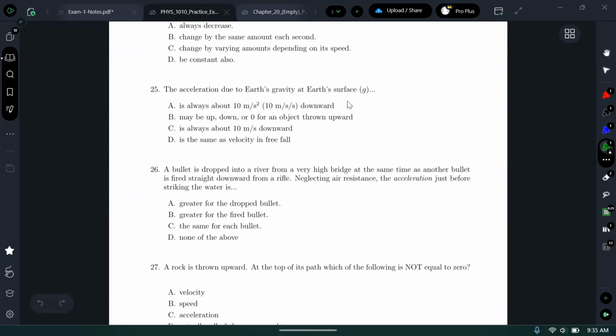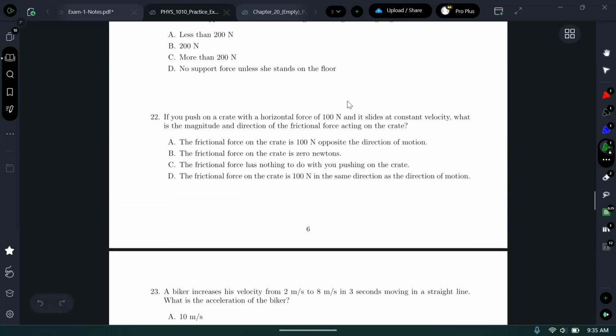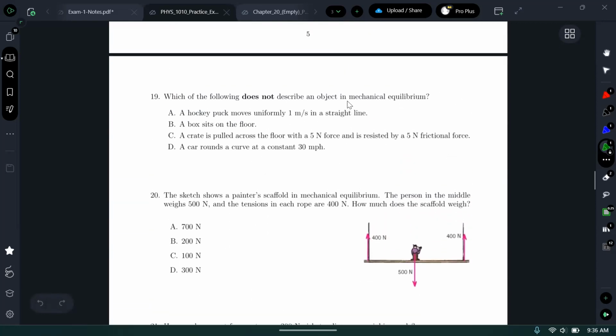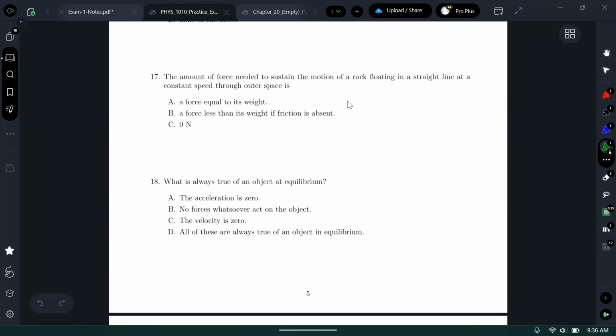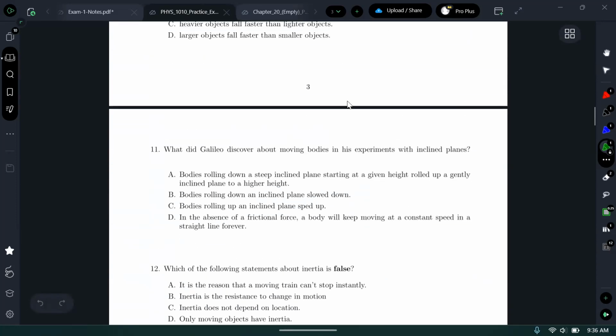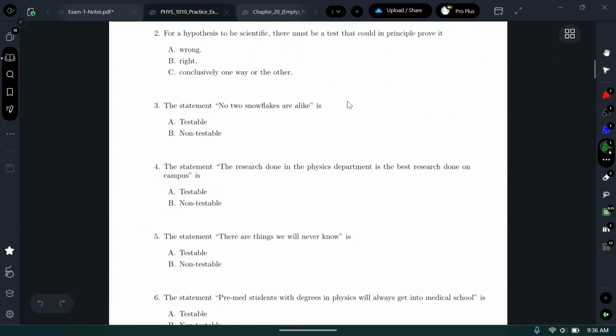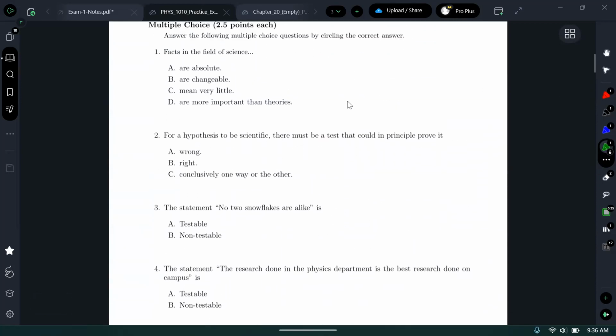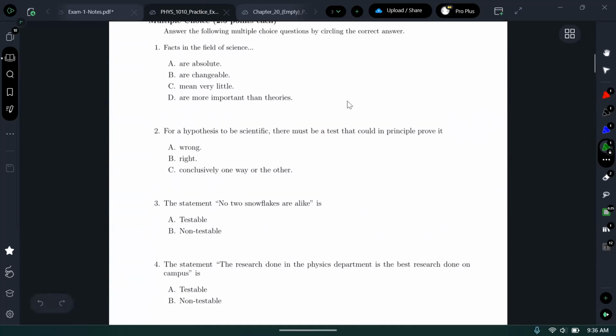All right, maybe I'll just pick a couple. While I'm doing that, be thinking of some questions. I'm happy to answer anything though. So let's maybe look at a couple from each chapter.